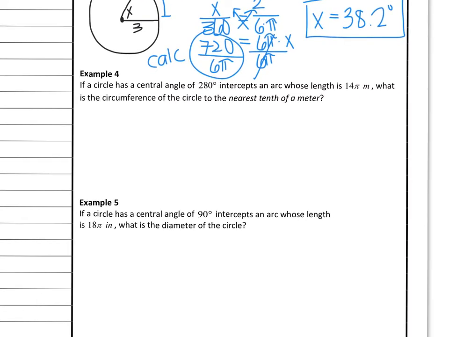Example 4, if a circle has a central angle of 280 degrees, so again, that's another big circle, and they're giving us the arc length.